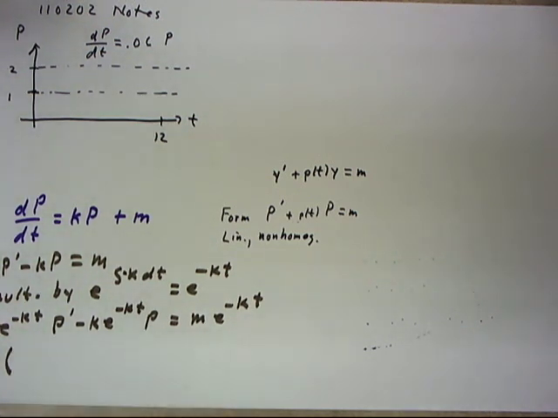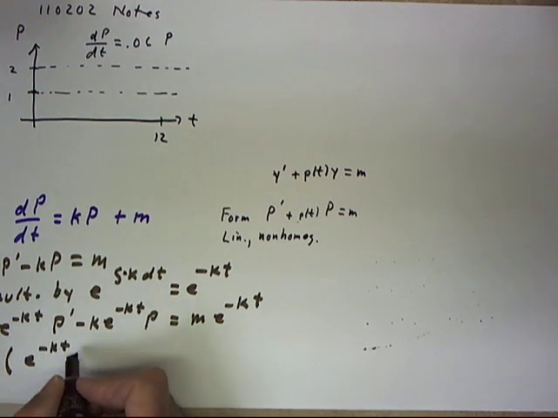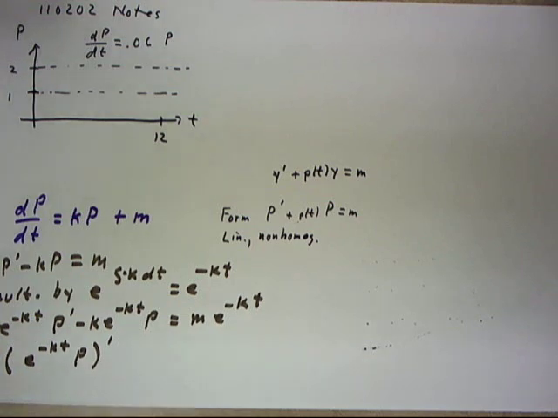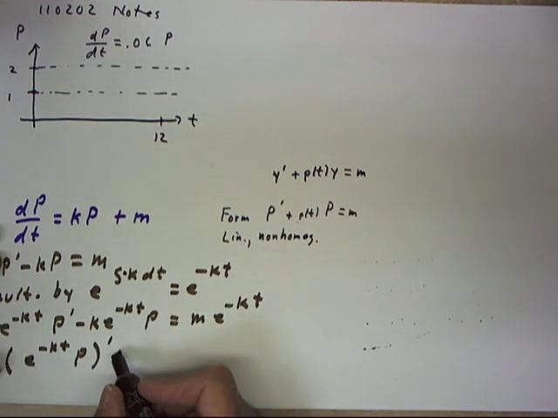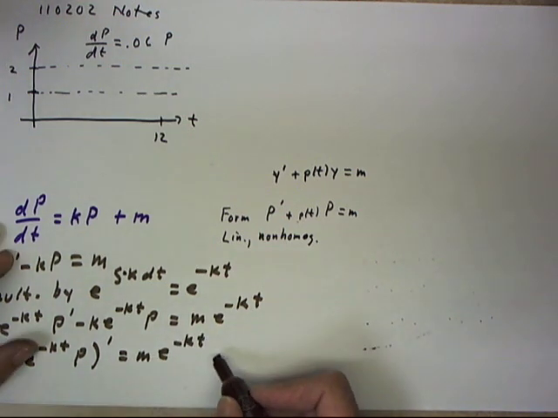This side of the equation gives us the derivative of e^(-kt) P. If we take the derivative of this, we get this, and that equals M e^(-kt).